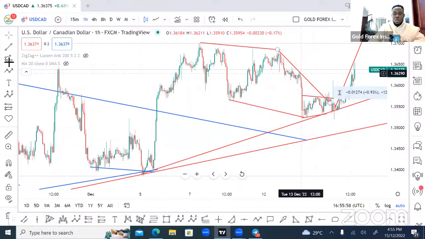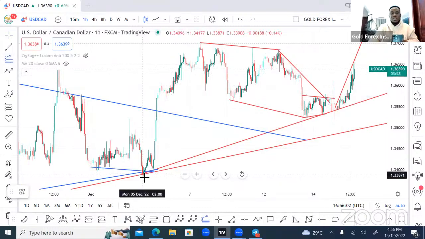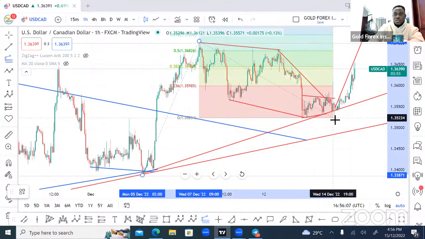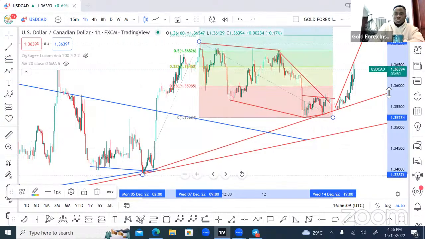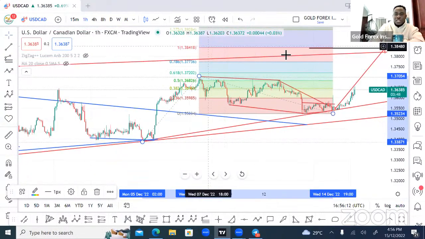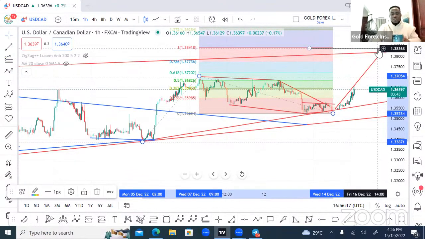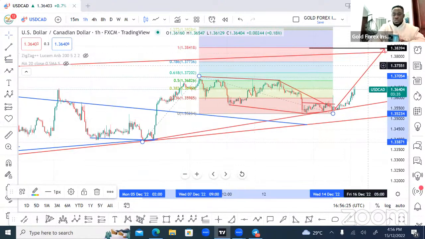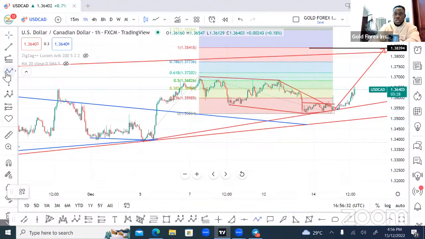So we are looking for a 1.0 Fibonacci extension level from here to here to here, the lowest point. Now that means that for this impulsive move, we are targeting this level. So this is our take profit for this move. This is our first take profit, which is 1.0. You can see it over here, the 1.0. So the take profit will be on 1.38394. So this buy move should head all the way to this level.